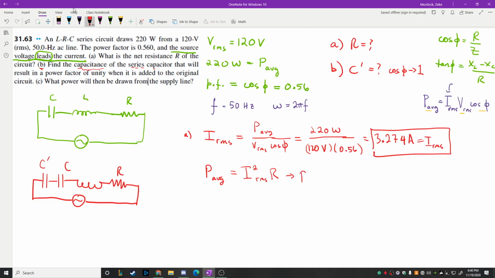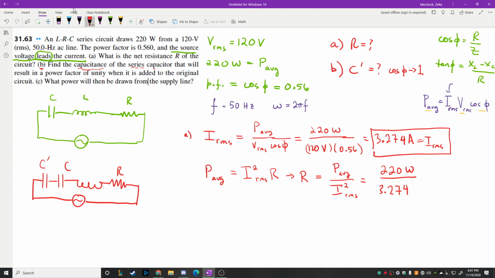So we can use that to solve for R. So we take the power that was given, which is 220 watts, and then divide by IRMS squared, which is 3.274 amps.